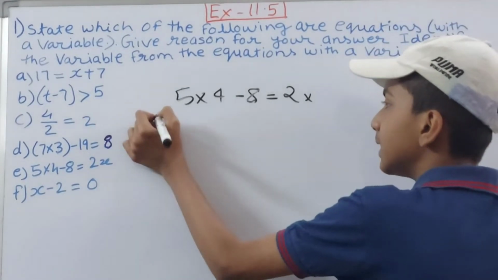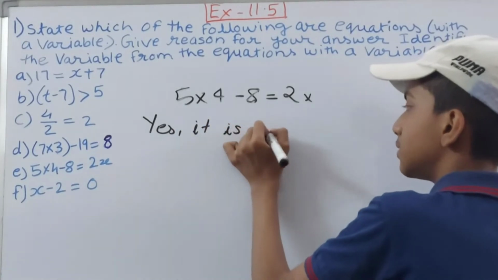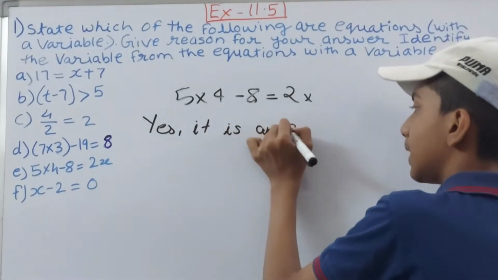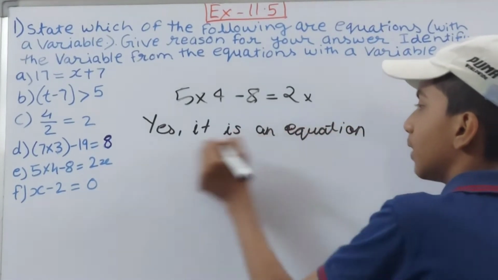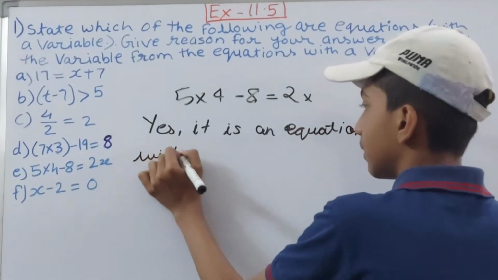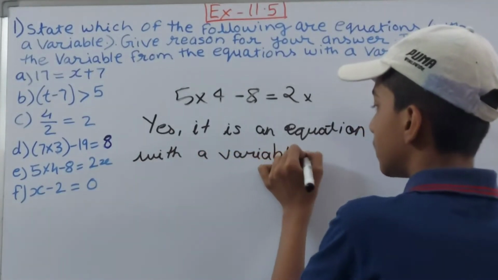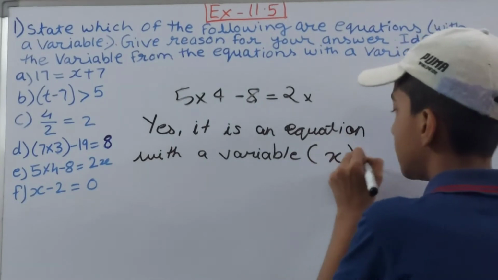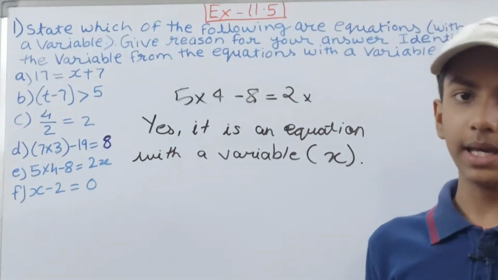That means yes, it is an equation. Okay, first, and second what we will write is with a variable, and that variable is what? X. So you can mention it here, x, right? So yes, it is an equation with a variable x.